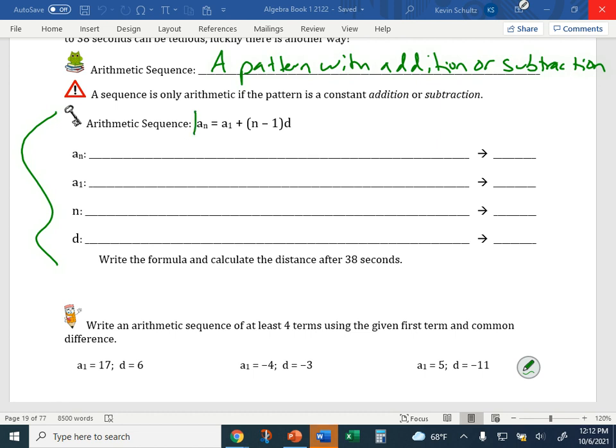This is the formula for an arithmetic sequence, which looks kind of variable-y, okay? There's a lot going on there. So we're going to identify what each of those variables represents and then look at how it relates to what we just did. We're going to put it back to that table there, okay? So the AN is going to remain an AN because it's our answer, okay? It's what we're trying to find.